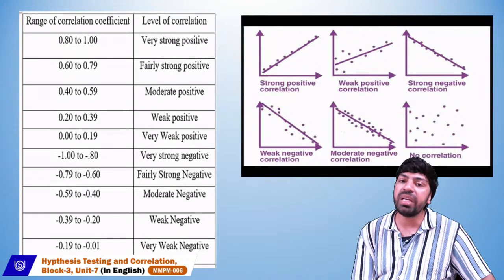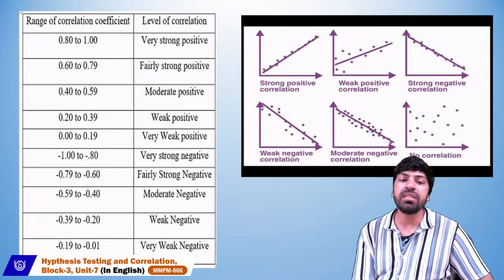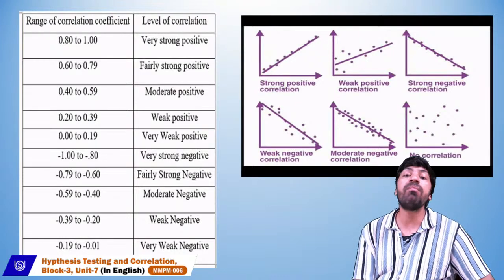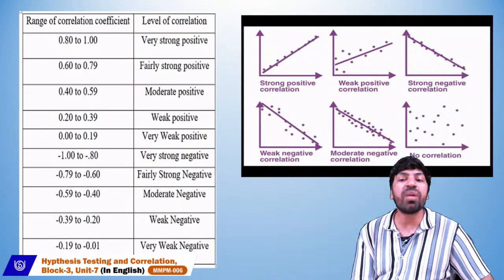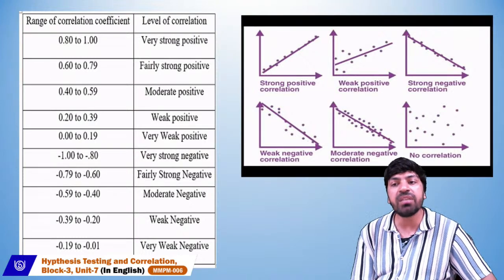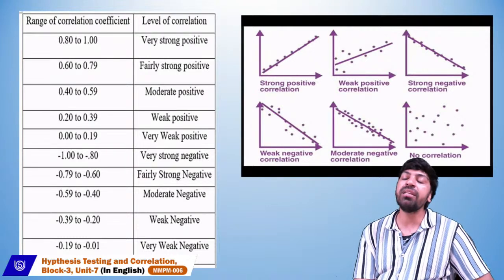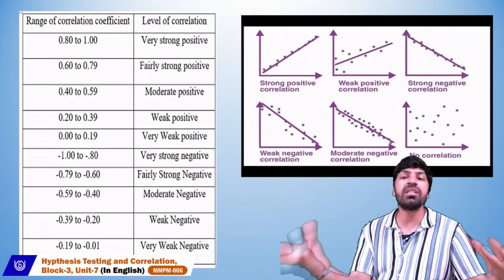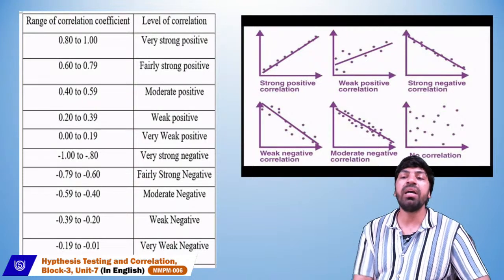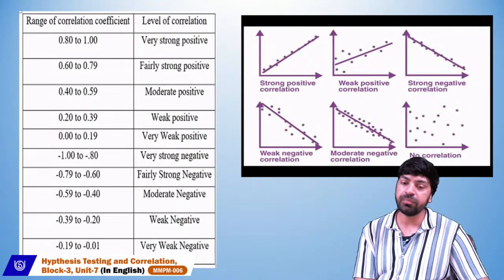Weak negative correlations are similarly on the negative side. A moderate negative correlation also comes under negative, with a downward slope. In no correlation, there is no relation between the variables, as no line could be drawn over here.